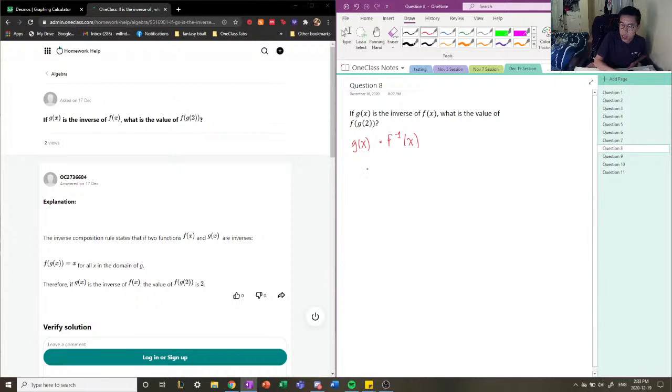So if g of x equals f inverse of x, then f inverse of f of x is going to equal x. Okay, and why is this so? If we have a composition of an inverse function within a function, or a function within an inverse function, we're going to get x.